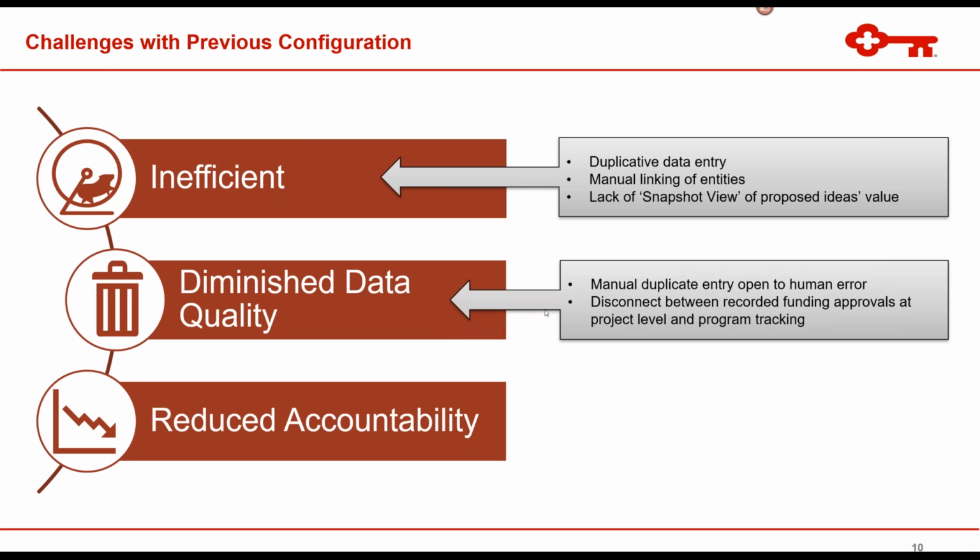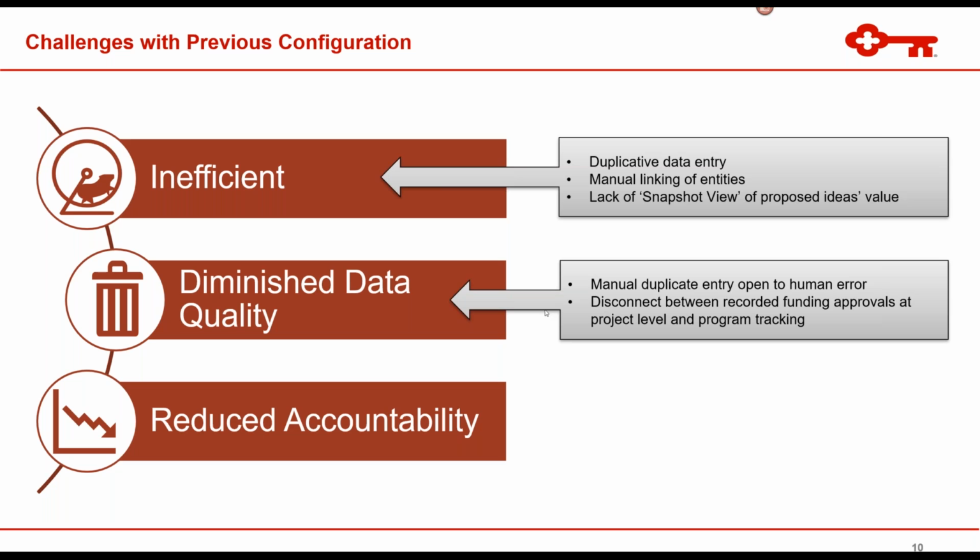Additionally, this previous configuration, because of the manual duplicate data entry, resulted in diminished data quality. Because there was manual linking of entities, there was often a disconnect after a certain point in time of the data between the entities. Additionally, a manual duplicate entry is always open to human error.